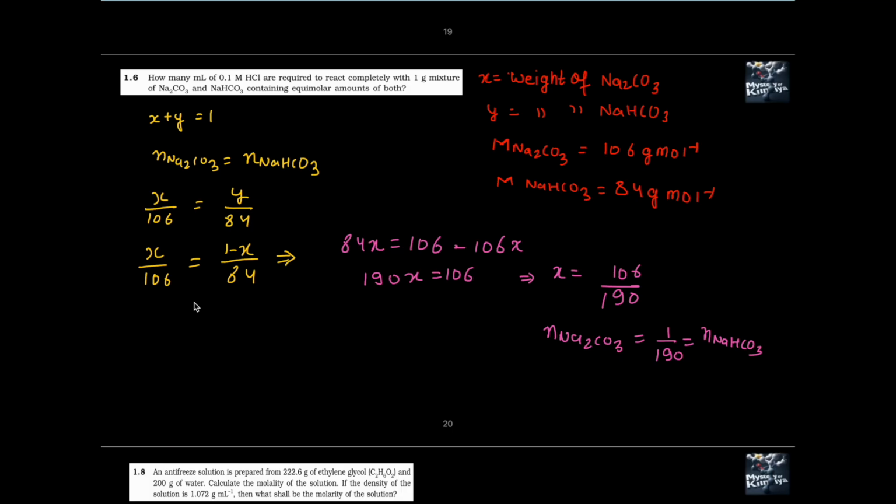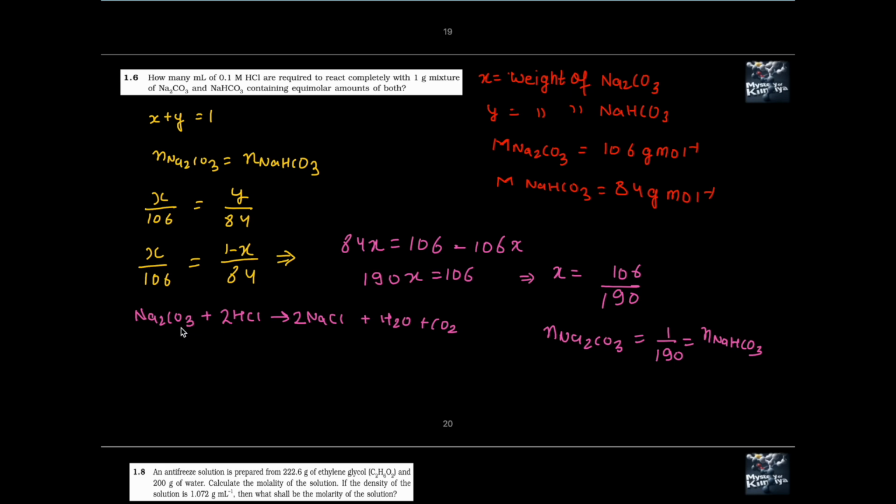Okay, so we need to find the reaction here. Na2CO3 reacts with HCl and forms NaCl, H2O and CO2. As there are 2 moles of sodium, we need to multiply it by 2, and here also the stoichiometry of HCl would be 2.